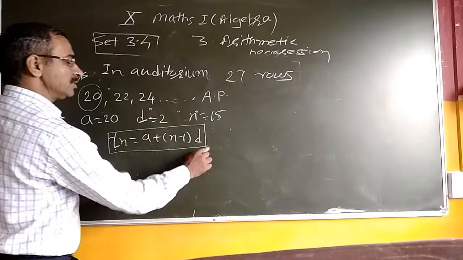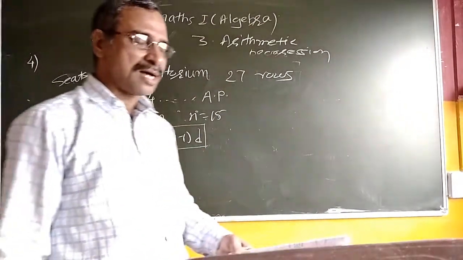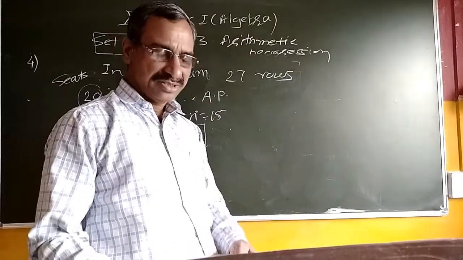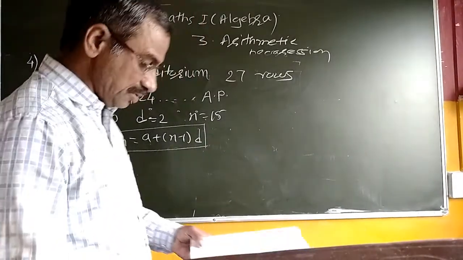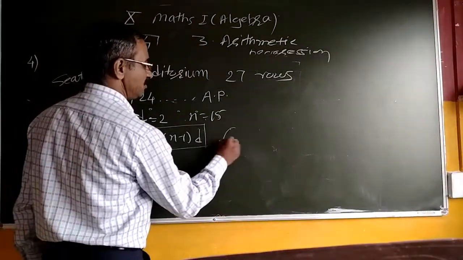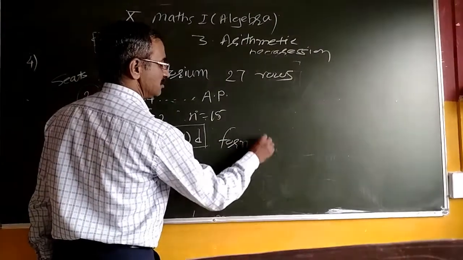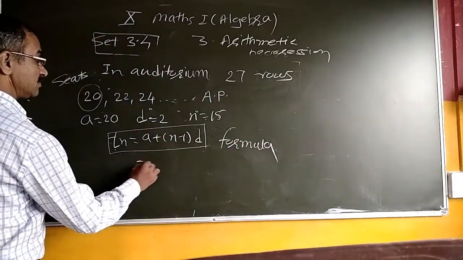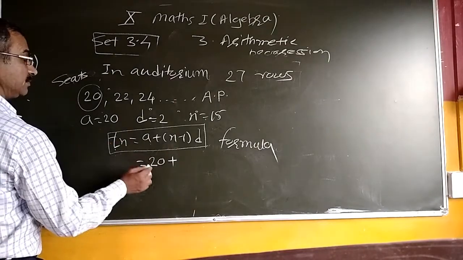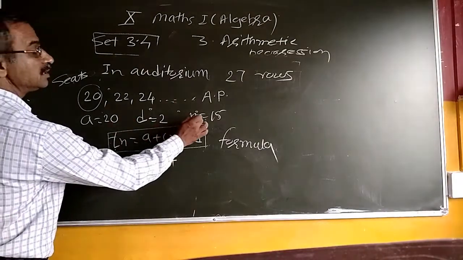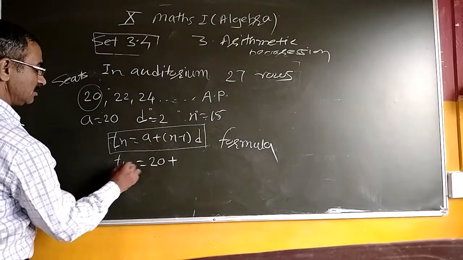According to what they ask and the situation, we will use the Tn or the Sn formula. By putting the values, a is 20 plus n's value is 15, means T15.